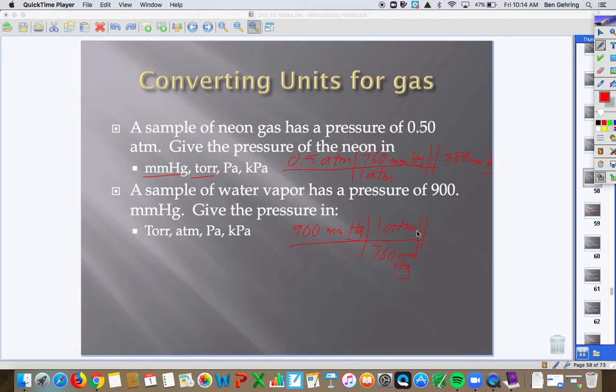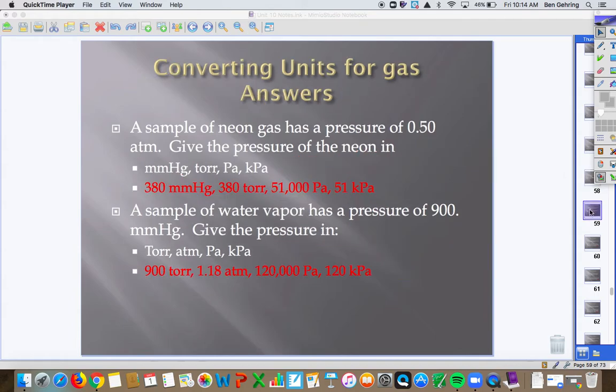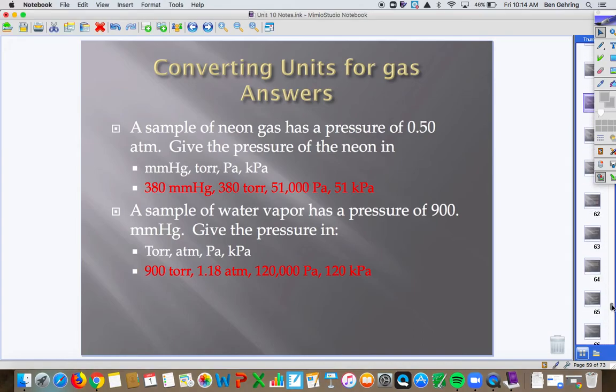So I'm going to take my 900 and divide it by 760. And when I do that, I should get 1.18 atmospheres. So if you want to take a second and do the rest of these, I have answers on the next slide. Pause this screen, work through these, and I will join you when you get to the next slide.